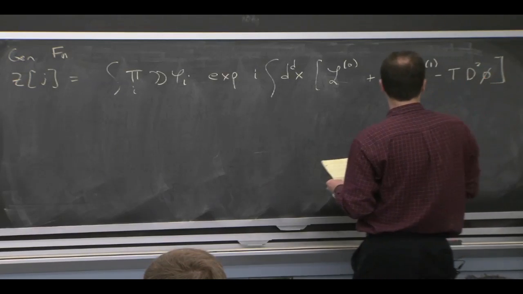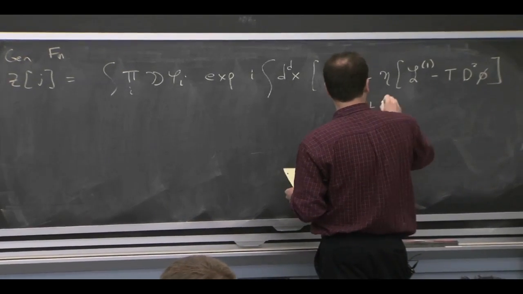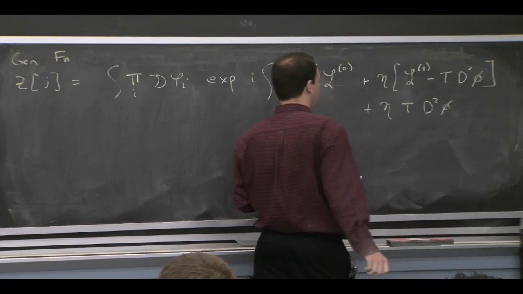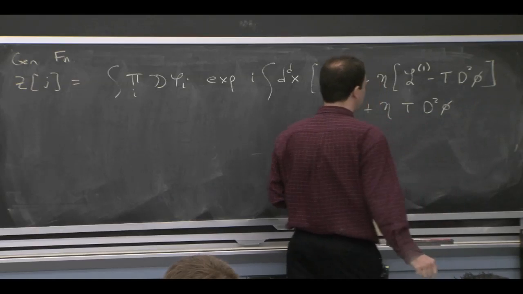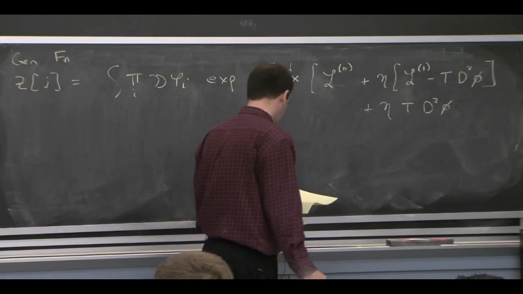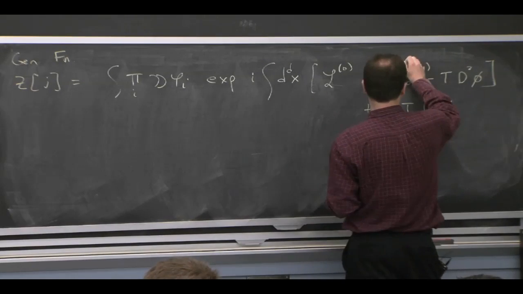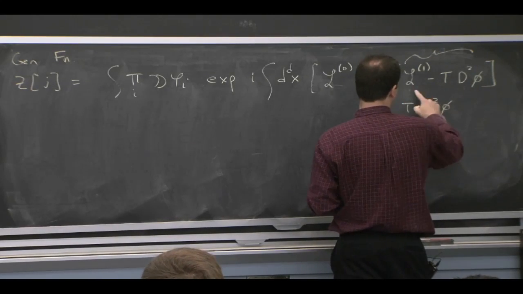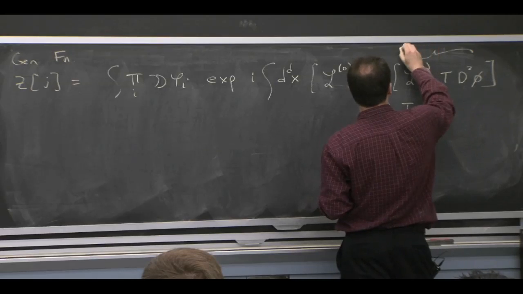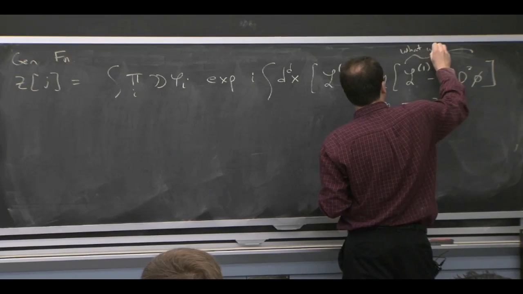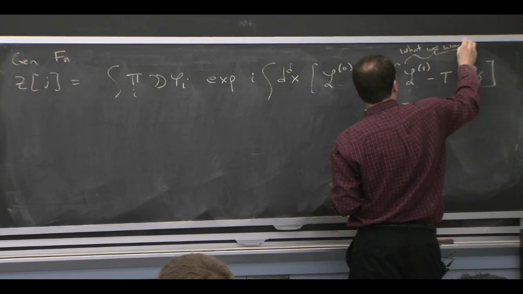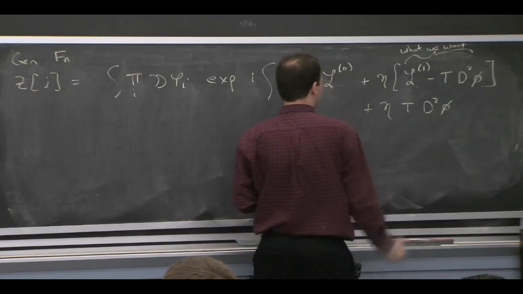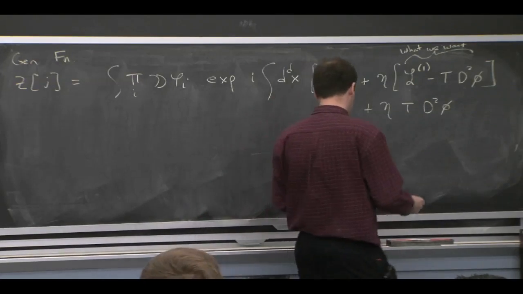And let me write it as adding and subtracting something. So I'll subtract t D squared phi and then add it back. So you can think that L1 had a t D squared phi, and what I'm doing here is removing it. So this is what we want. I'm just making it explicit, but still writing things in terms of L1.